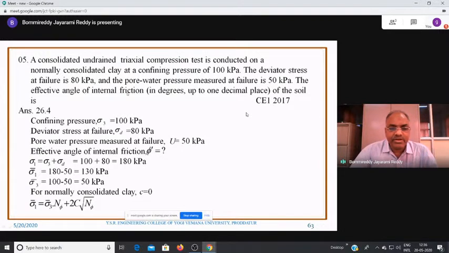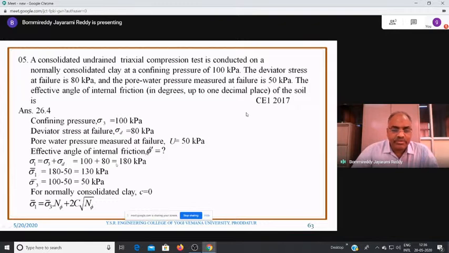The effective angle of internal friction of the soil, what is phi dashed? The question is phi dashed. So from this data, you can find out sigma 1. Sigma 1 will be equal to sigma 3 plus sigma d, 180.